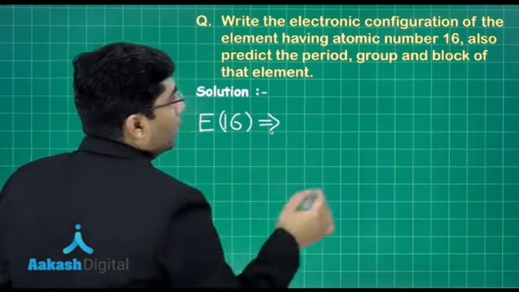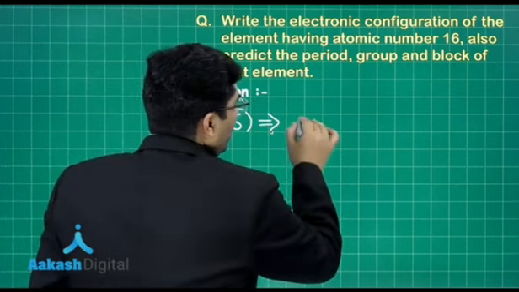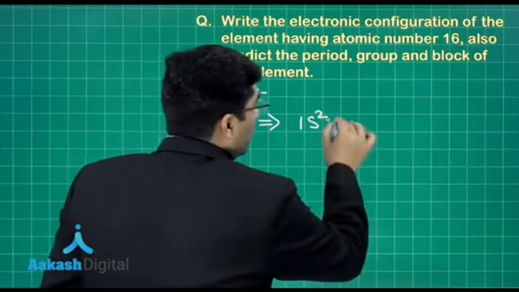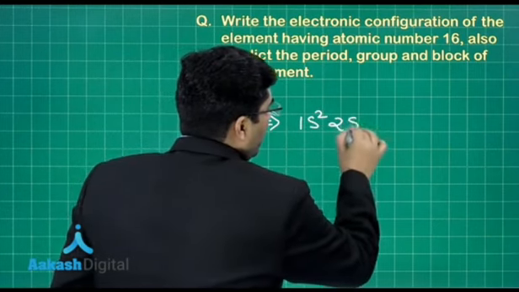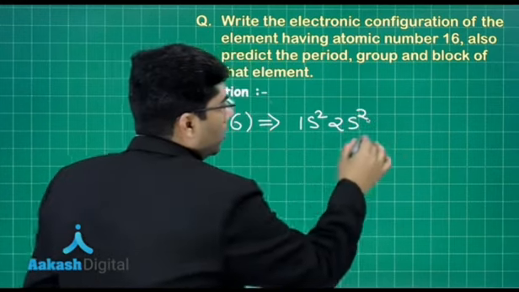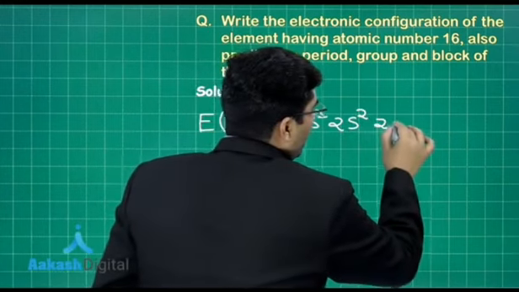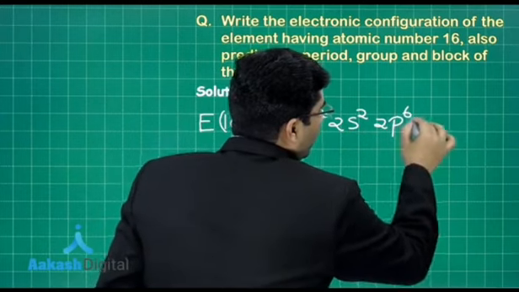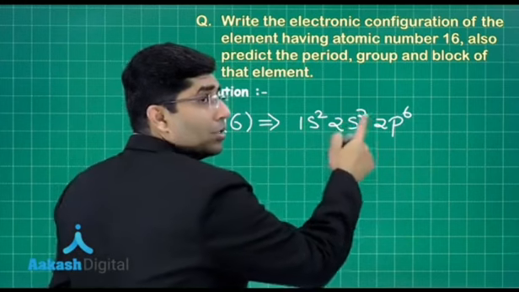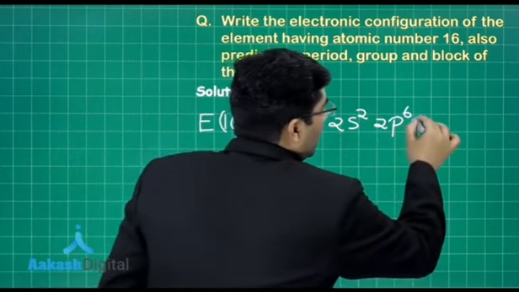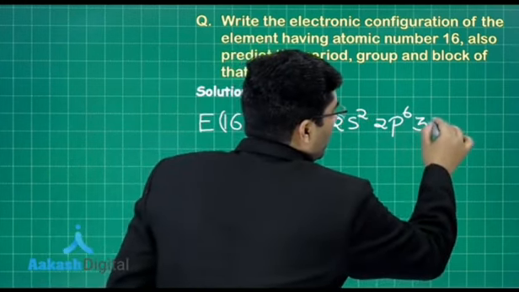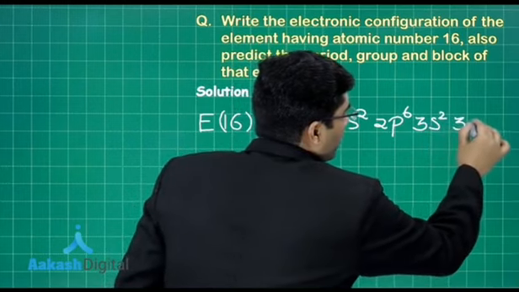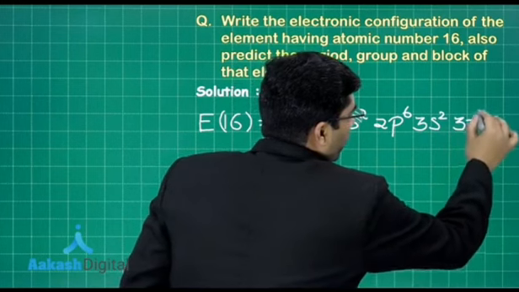Now the electronic configuration will be 1s2, 2s2, 2p6. So 2 plus 2 plus 6 is equal to 10. Then 3s2 and 3p4, right?